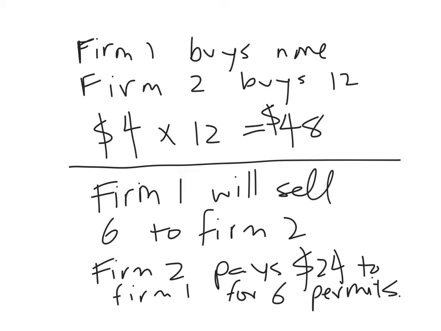Here, the permits are allocated 50-50. Government gets no money, and firm 2 pays 24, half of what it was paying before. And instead of paying the government that, firm 2 pays firm 1 that 24. So that's the technical illustration of what we saw when we thought this through in class.